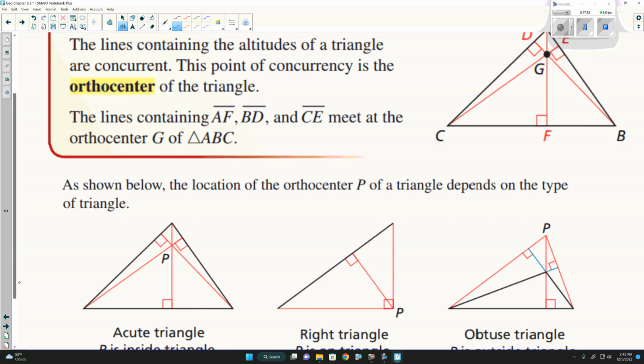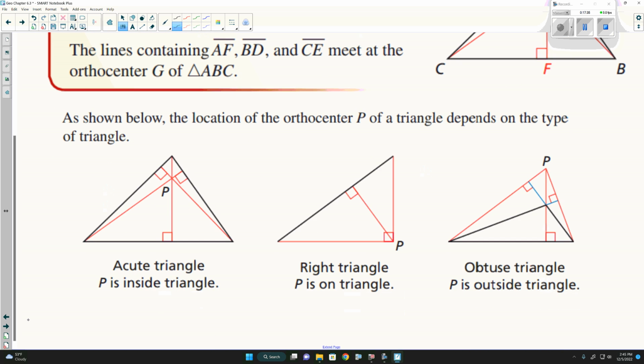The weird thing with the orthocenter is that it can actually be outside the triangle, because with obtuse triangles, their altitudes are actually outside. In an obtuse triangle, P is outside. So where they intersect is actually out here. In a right triangle, it's on the triangle. For acute, it's inside. So it's different places.